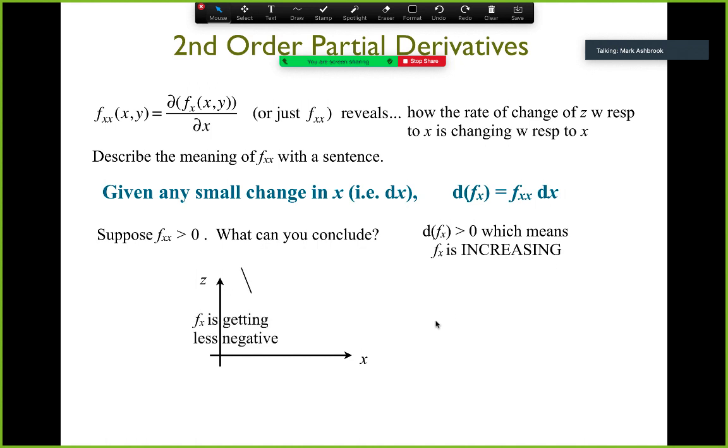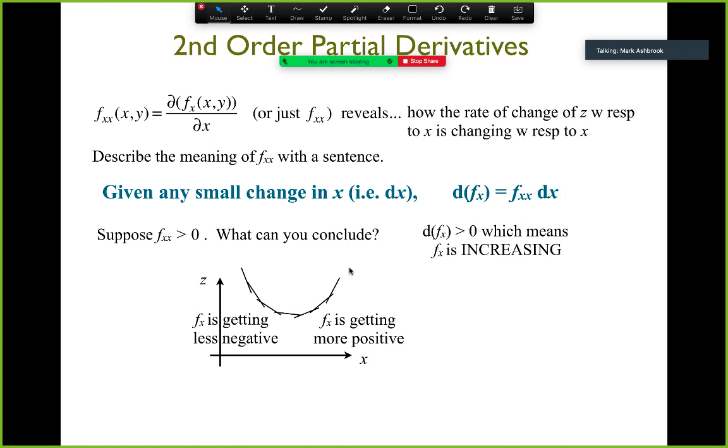Either it can get less negative, so here's a highly negative rate, and it's getting less negative as x increases. That's one way a rate could increase. The other way the rate could increase is if it gets more positive. So shallow, steeper, steeper, so the rate's getting more positive.